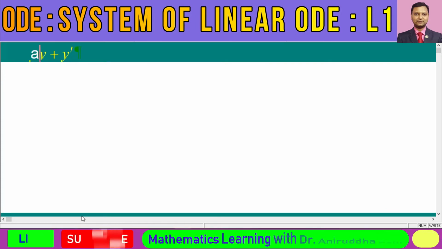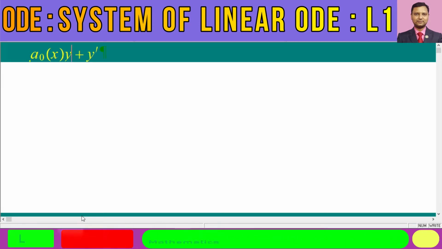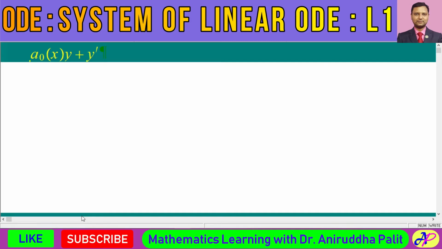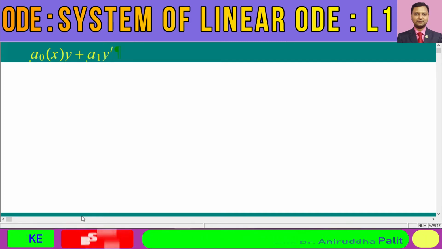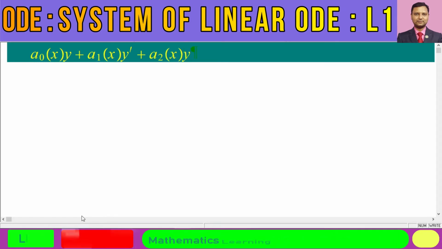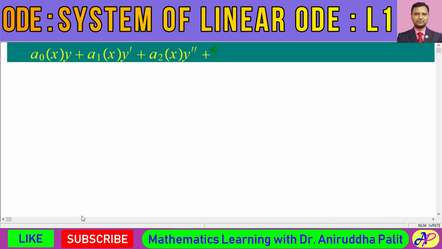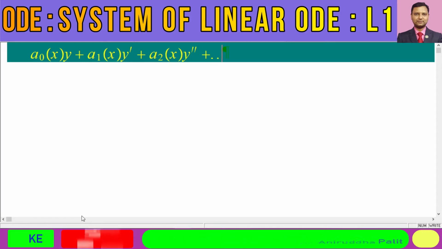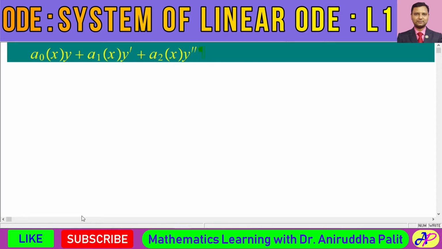And suppose the coefficient of y is say a0, that is a function of x, plus maybe a1, it may be a function of x, and so on, plus maybe the second derivative a2 y double prime, etc. For the time being, let's confine within y double prime is equal to maybe some function f of x.